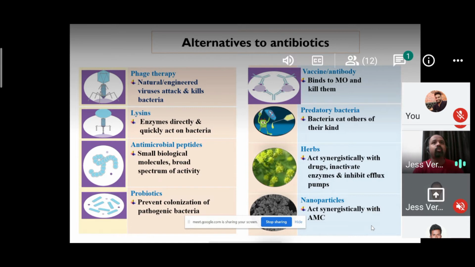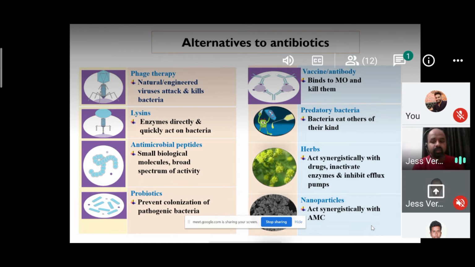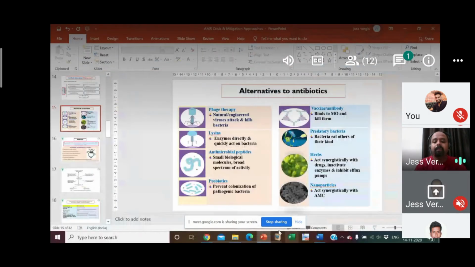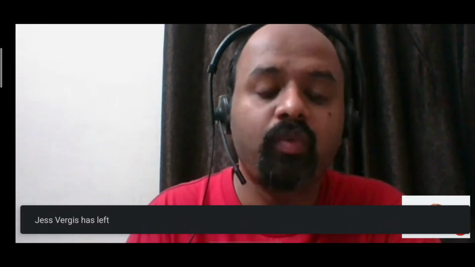And recently, nanotechnology has also taken an upper hand, and these nanoparticles either could be used alone or as a conjugated molecule as a drug delivery mechanism to act synergistically, which we will be explaining in the subsequent slides and discussion to come. So these are the common alternatives which the researchers are mainly using in the labs.